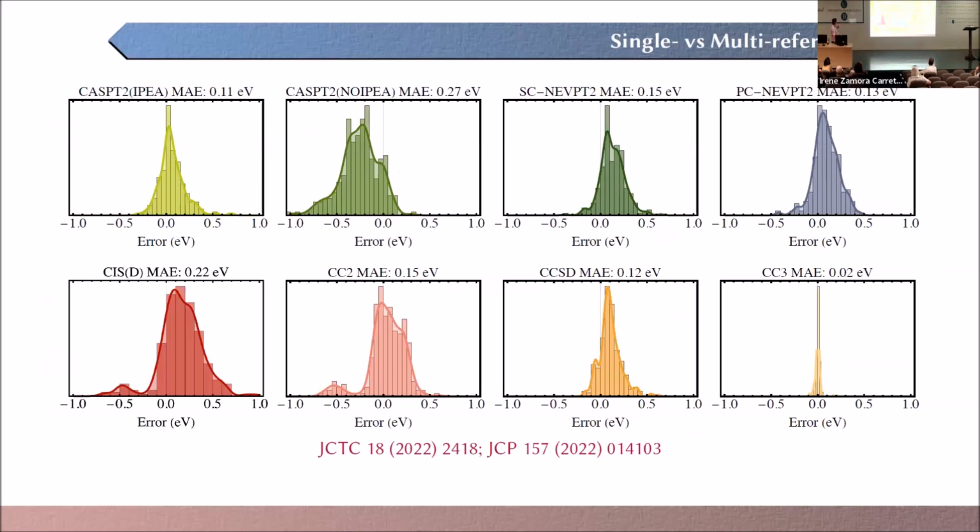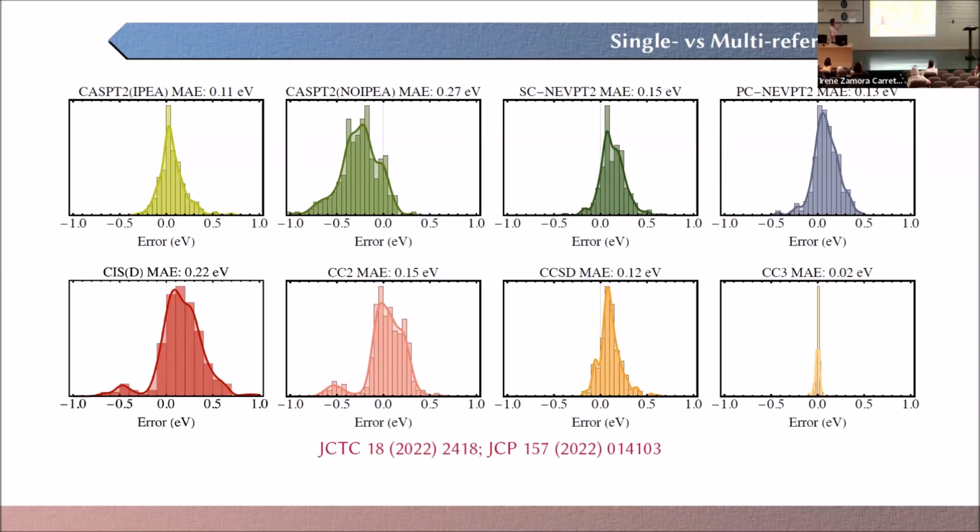For example, here are some results from Martial on that large set of excited states. We looked at CASPT2 with or without IPEA shift in the Hamiltonian, and the difference with NEVPT2 with strongly contracted or partially contracted.